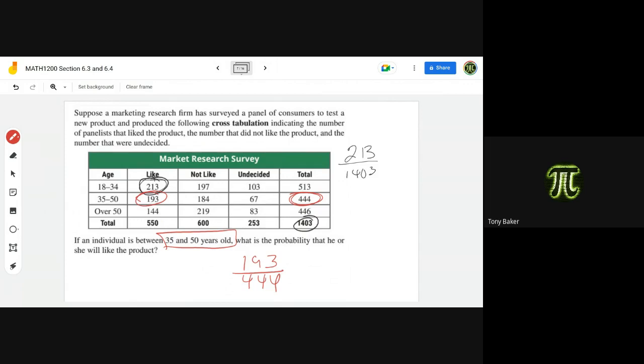So we could go the other direction. What's the probability that if they did not like the product, they are over 50? I'm telling you, if they didn't like the product, what's the probability that they're over 50?